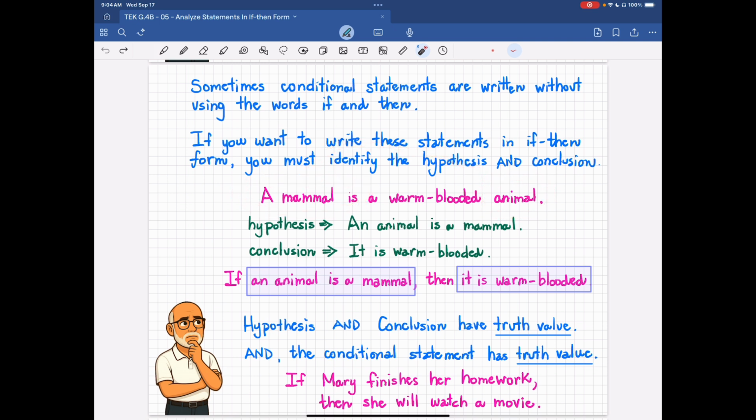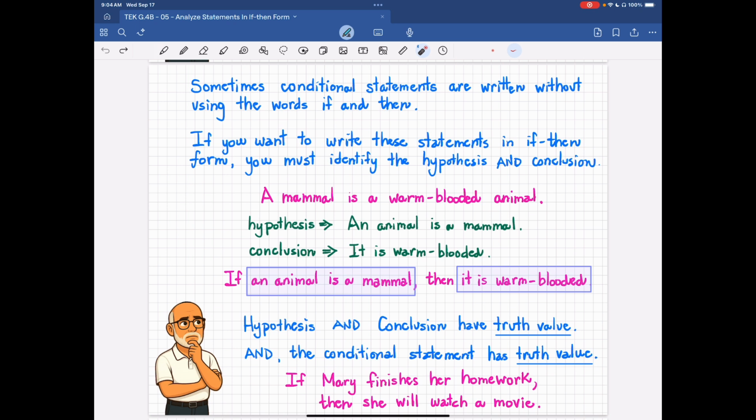And then for my conclusion, I put, it is warm-blooded. So taking this statement, I rewrite it using if and then, stating if an animal is a mammal, then it is warm-blooded. Now take a look at this and see if this makes sense.